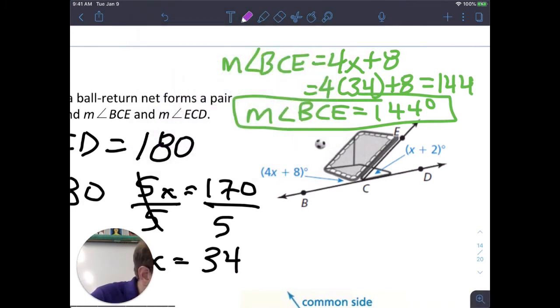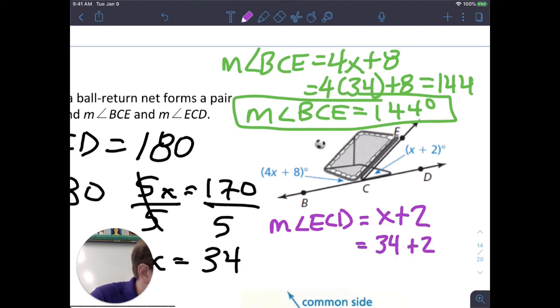And then I also need to find the measurement of angle ECD. That's equal to x plus 2. I know x is 34, so 34 plus 2 is equal to 36.